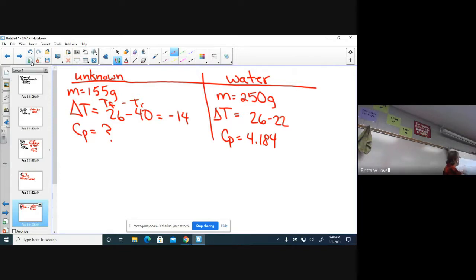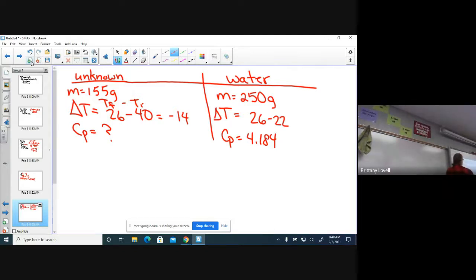And if this side is negative 14, and if we know what's going to happen to the unknown substance, when you drop that piece of metal into the water, was heat leaving the unknown or was it going in? It was leaving, because when you drop hot metal into water, it starts to cool off. Heat leaves the metal.